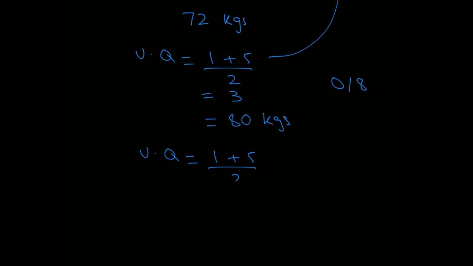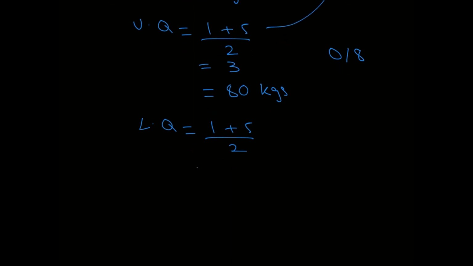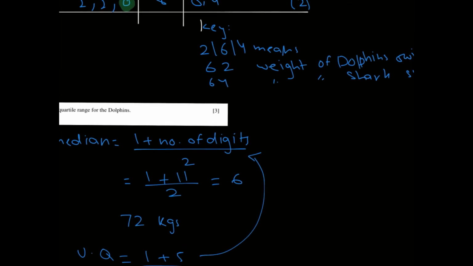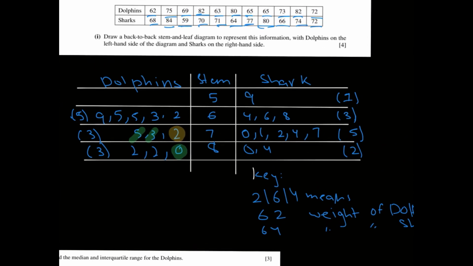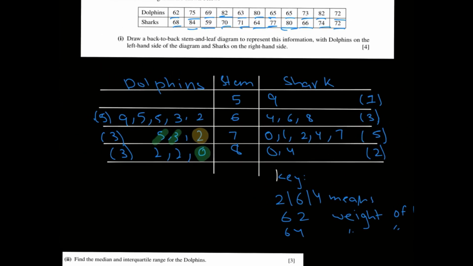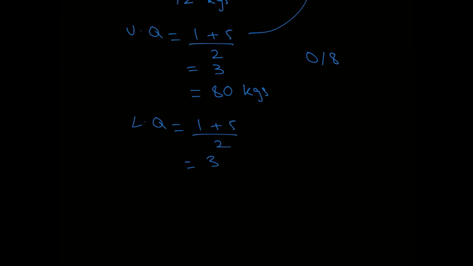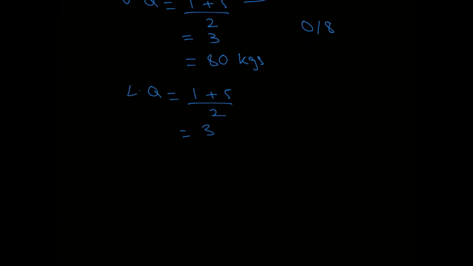This will be the lower quartile, so this is again going to be 3. So we count the third value: 1, 2, 3. Since this is the third value, 5 | 6, which according to our key means 56 kgs. So 56 kgs will be our lower quartile.